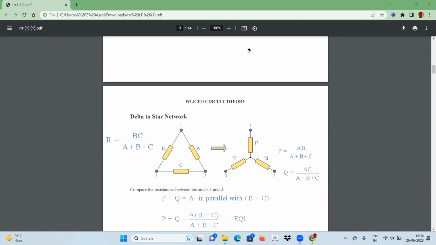Similarly, if you want to calculate R, this component will be R, and R will be the product of B and C divided by the summation of all the impedances.